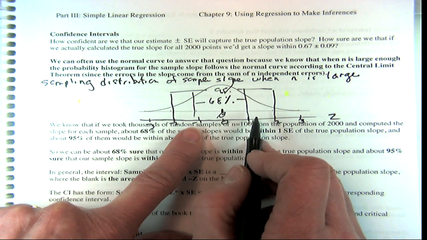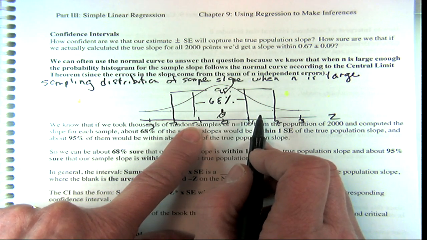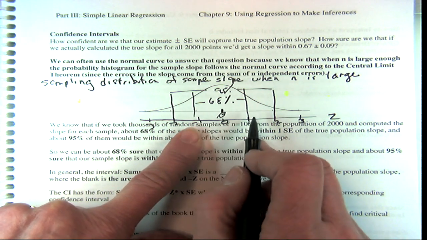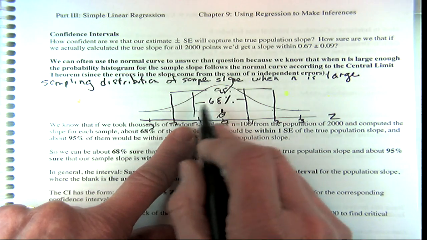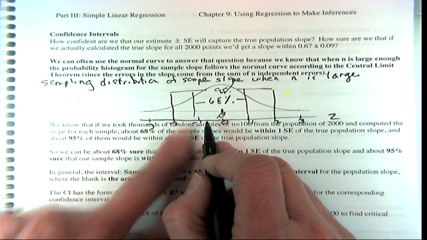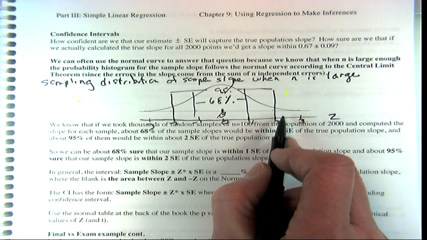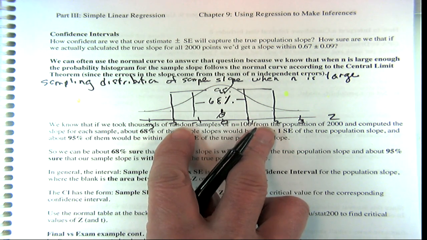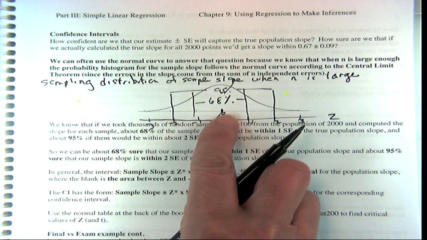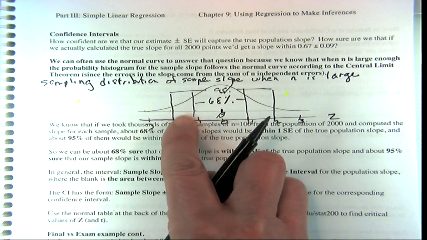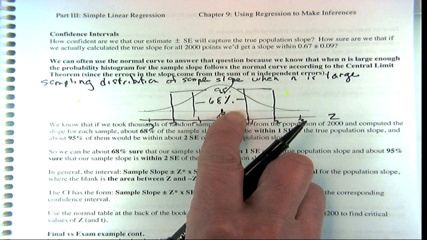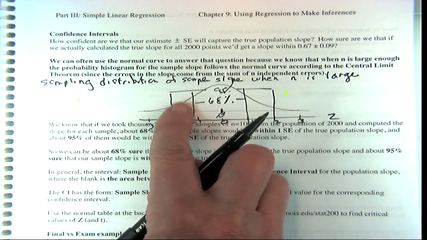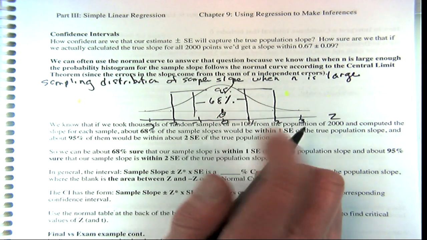We know for sure that when we do this, and you can simulate it and prove it too, as long as your sample size is big enough, this is what the distribution will look like. So since 95% of the time your slope will be within 2 standard errors above or below, then when you just see one sample, you don't have to see all the others, you can be 95% sure it's in that range.